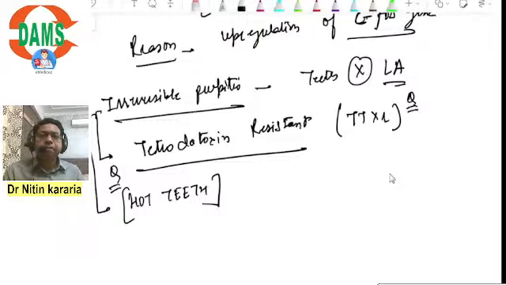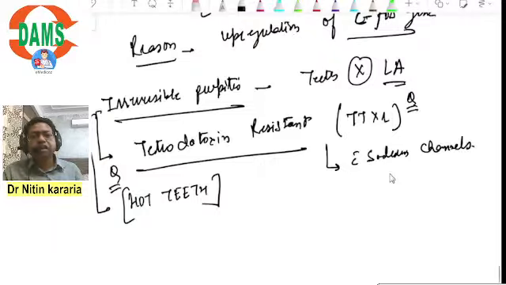And what type of teeth show these tetrodotoxin resistant nerve fibers? They are the teeth with symptomatic irreversible pulpitis. Okay. And what are the tetrodotoxin resistant nerve fibers? They are the particular group of nerve fibers with sodium channels.